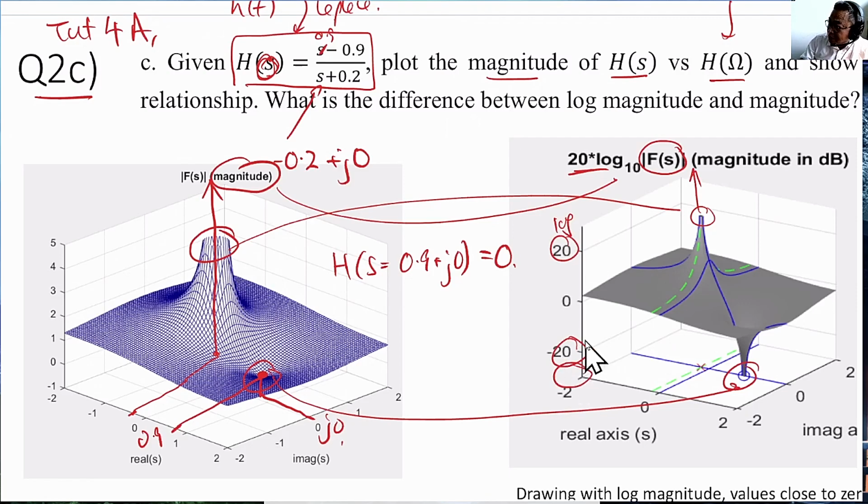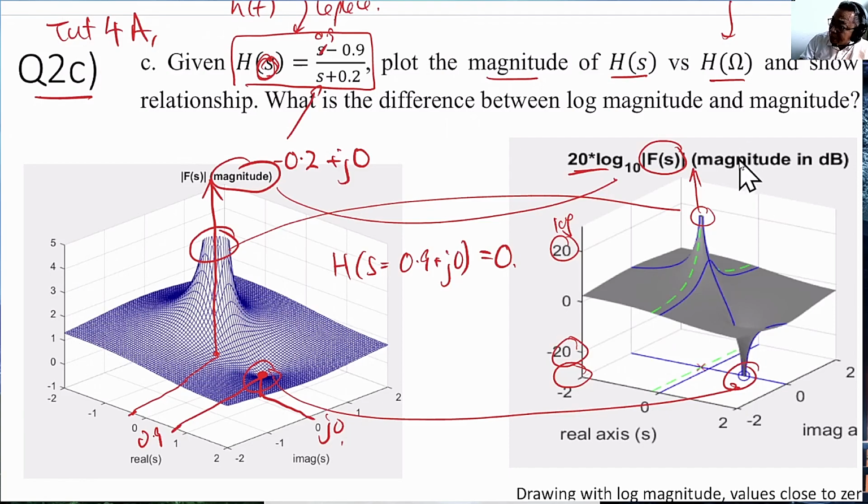So now we can visualize it going to the 0 and going to the infinity, and there is more resolution between the values from 0 to positive values.